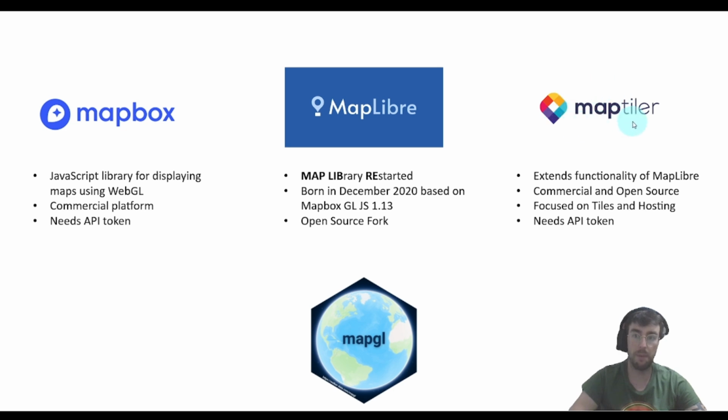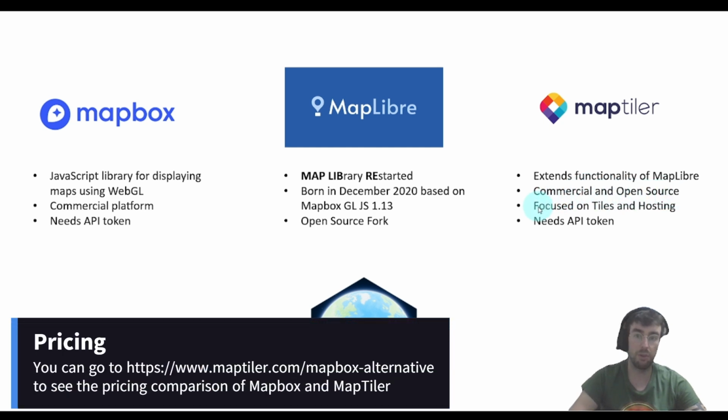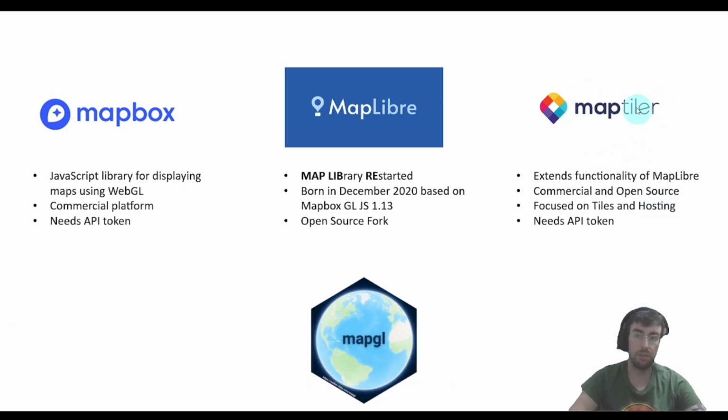And then we have MapTiler, which is another software or library that extends the functionality of MapLibre. This one has commercial and open source capabilities and is mostly focused on tiles and hosting. And we will use it in this video, and you will see also that it needs an API token, and I will explain to you now how you can get this one.